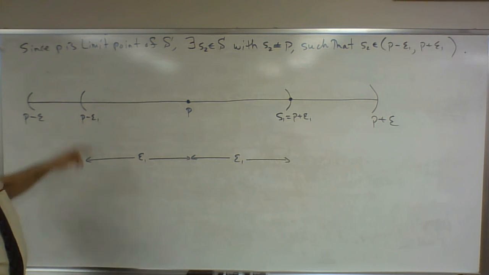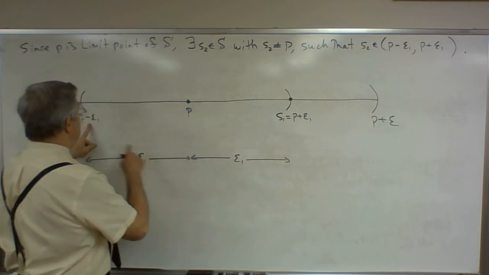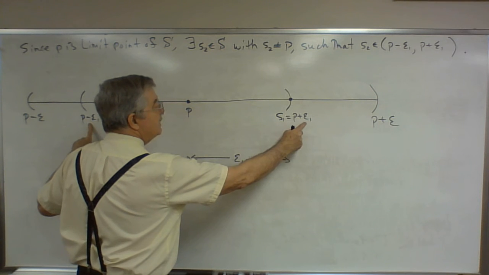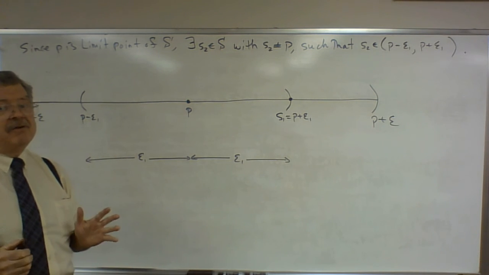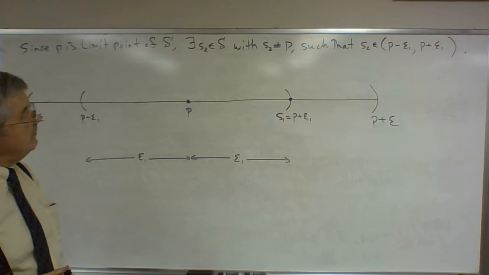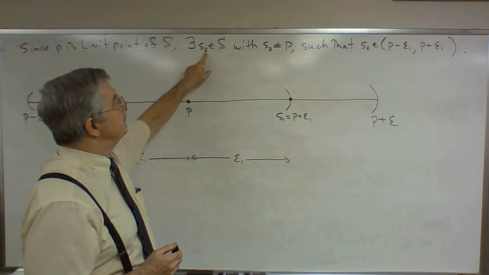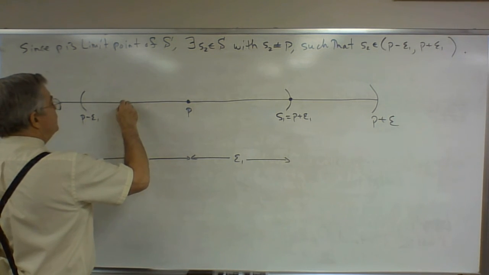But P is a limit point of S, so this interval, P minus epsilon sub 1 to P plus epsilon sub 1, has to contain a point of S other than P. And we're going to call that point S sub 2. So there's got to be some point S sub 2 here.